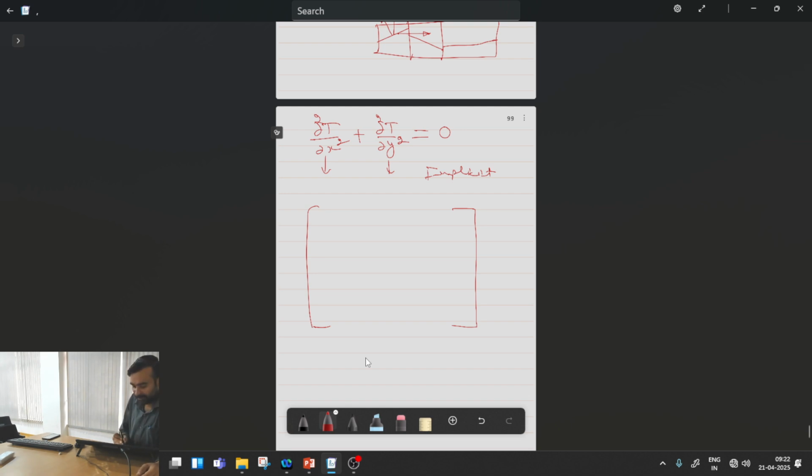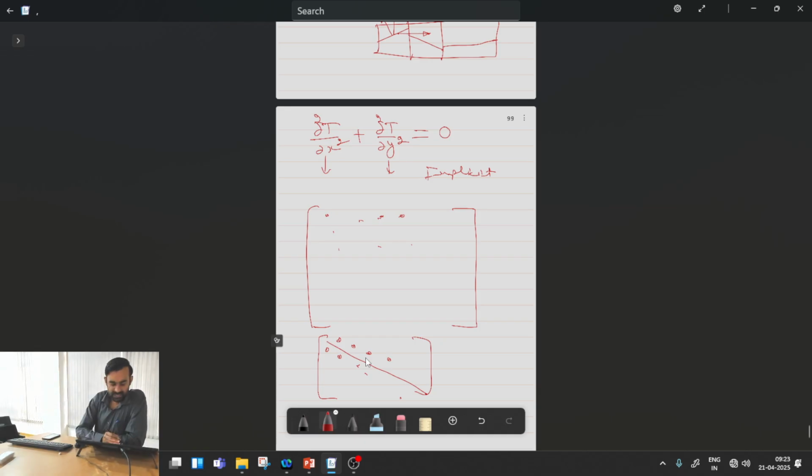Once we have entries randomly placed in this matrix, solving the system of equations becomes challenging. This system can be easily solved if all my entries are placed close to the principal diagonal and its adjacent cells.